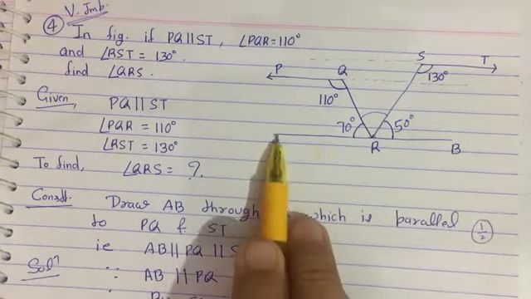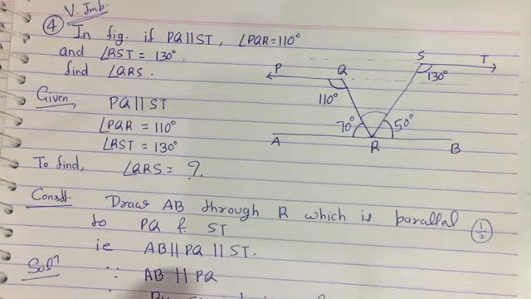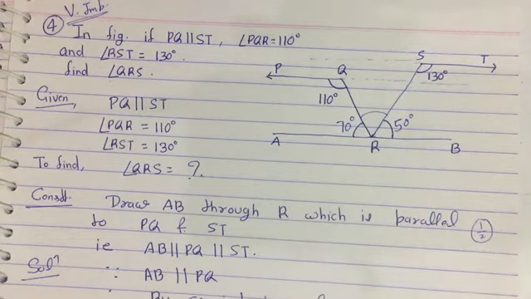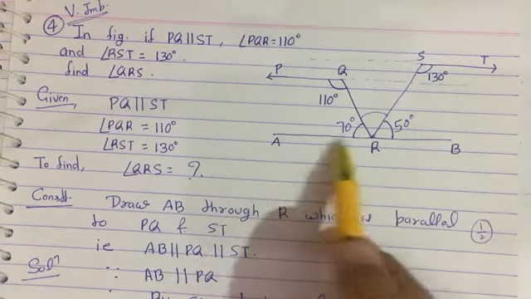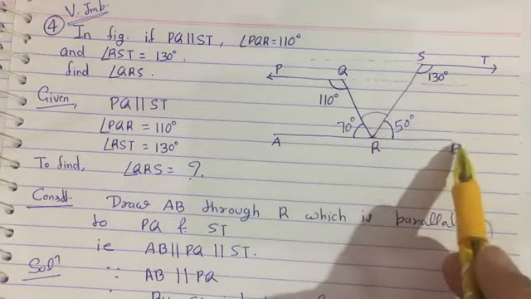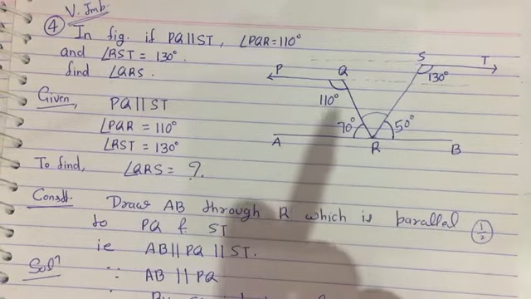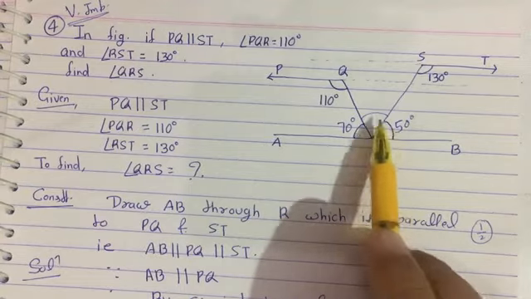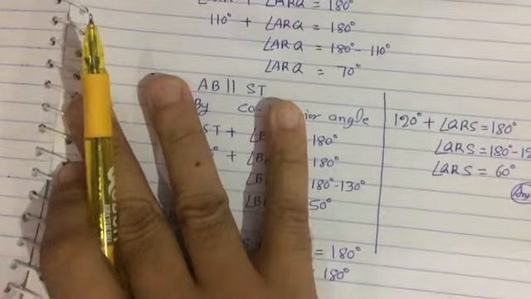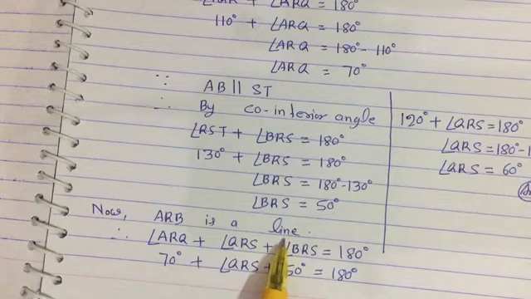Now ARB is a straight line, and the sum of all angles formed on a straight line is equal to 180 degrees, which means angle ARQ plus angle QRS plus angle BRS, the sum of these three angles, is 180 degrees. Put the values of these and you will get angle QRS. This is now a very easy question for you. Write down here: now ARB is a line.